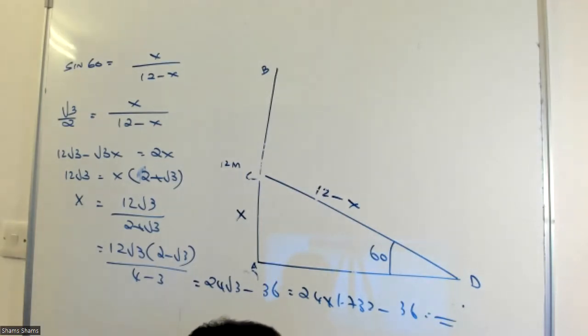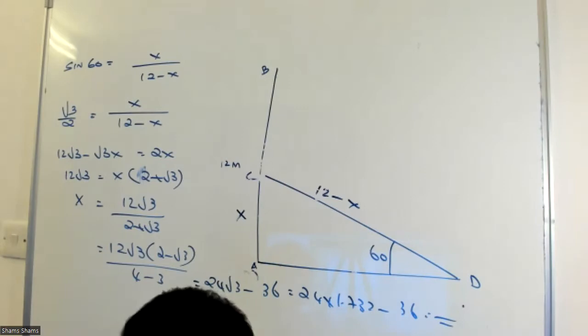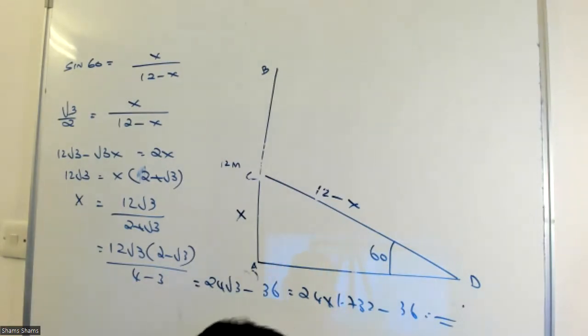The top struck the ground at an angle of 30 degrees and at a distance of 30 meters from the foot.